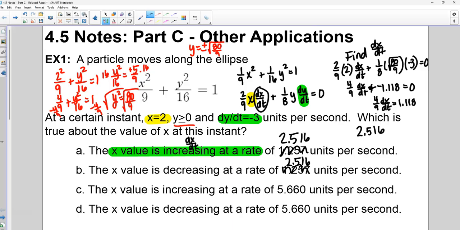It's probably what happened. Would this x value be increasing or decreasing? That dx/dt that I got is a positive number, so the x value is increasing at a rate of 2.516 units per second.